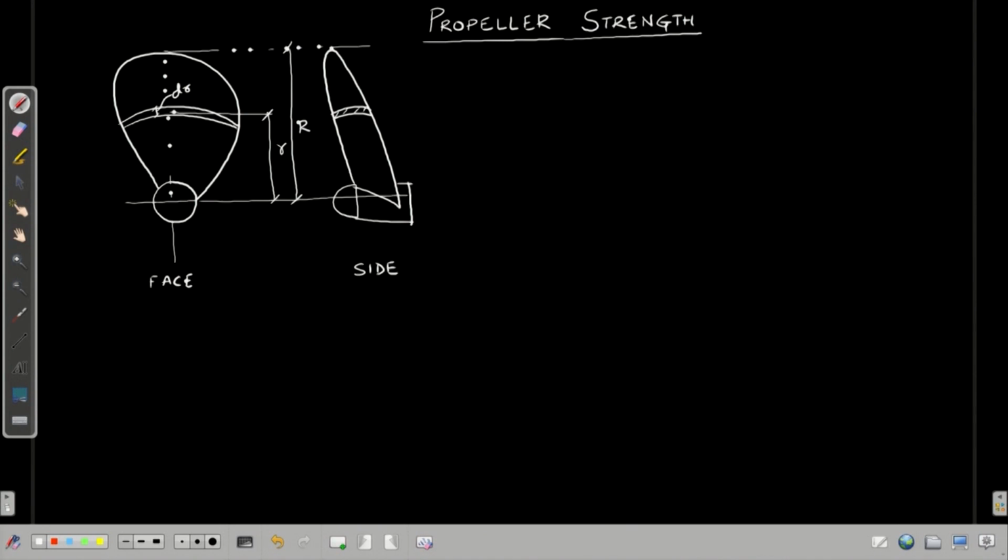Now, how will the thrust and torque force for that particular blade section act?